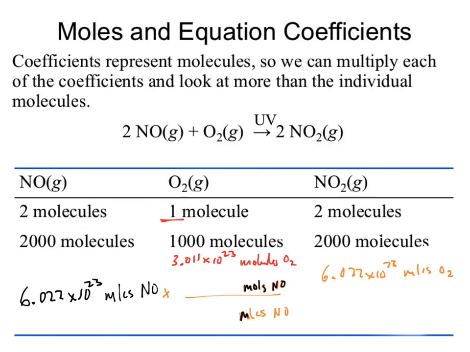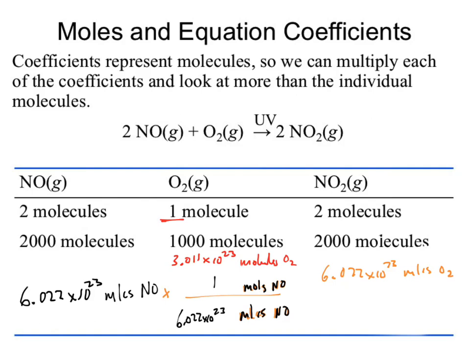Notice at this point what I'm trying to change now is the measurement unit, not the substance. So notice the substance stays the same on both the top and the bottom. What is the conversion between molecules and moles? 6.022 times 10 to the 23rd molecules is 1 mole.